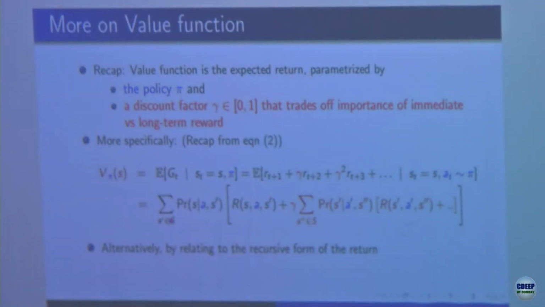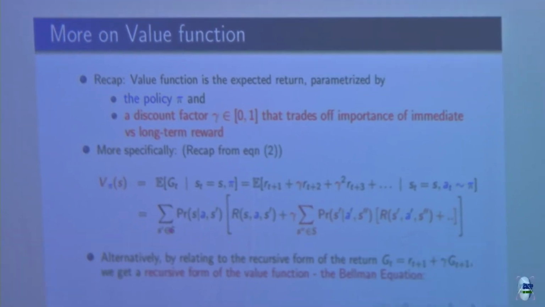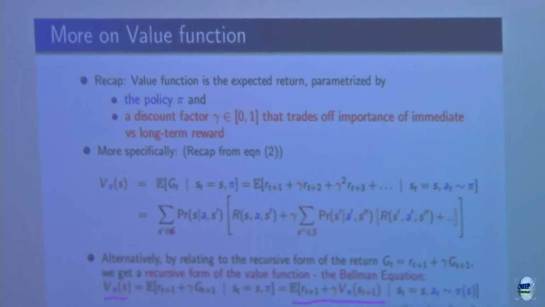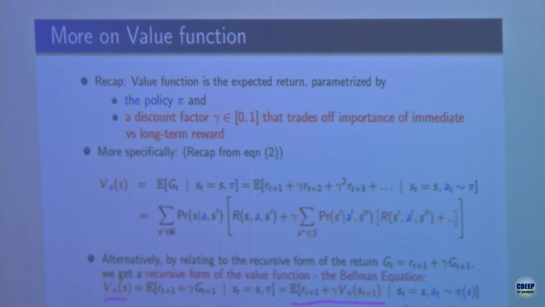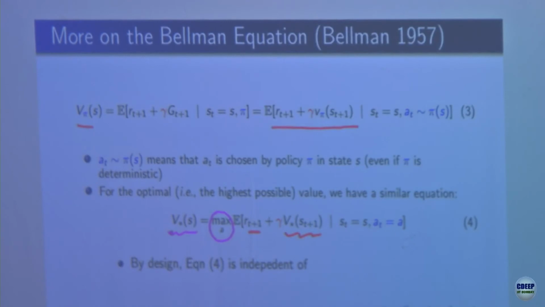Finally, coming to your algorithm, we said that this recursive structure is what we want to exploit, not only for computing the value function. This recursive structure gives you the Bellman equation. You can use it for finding the maximum possible value you could get across any policies, right?